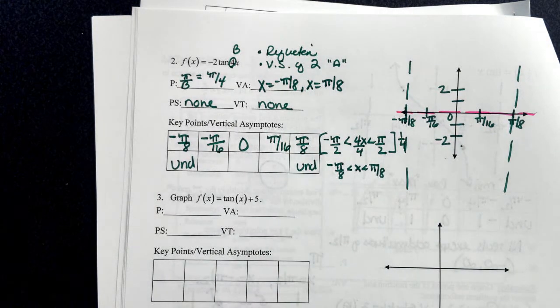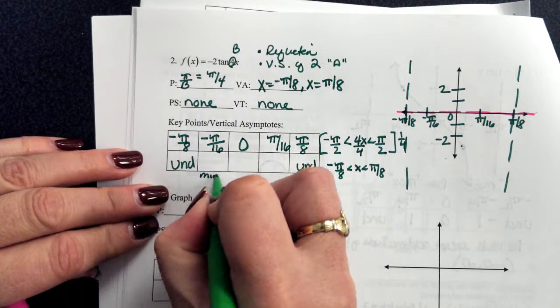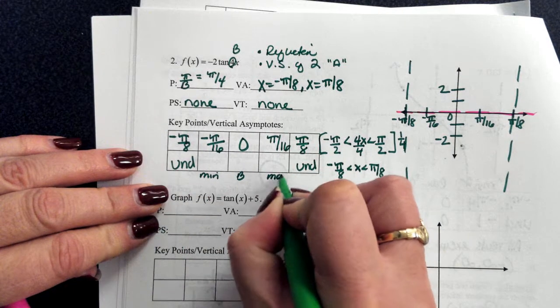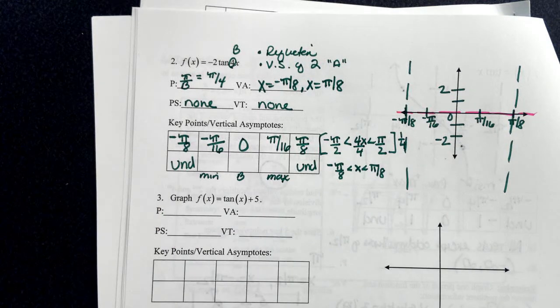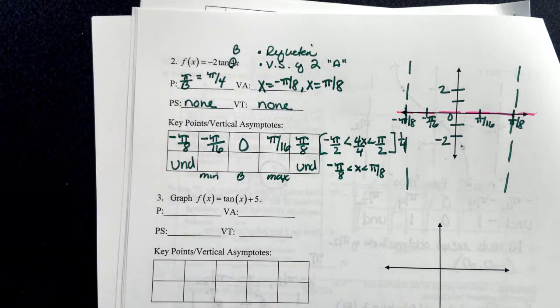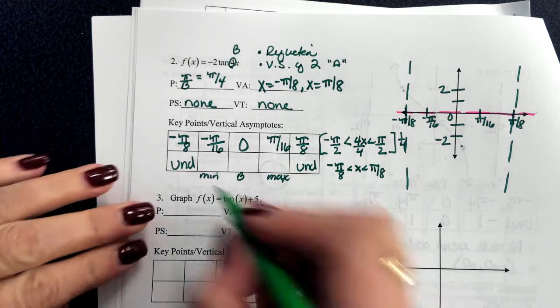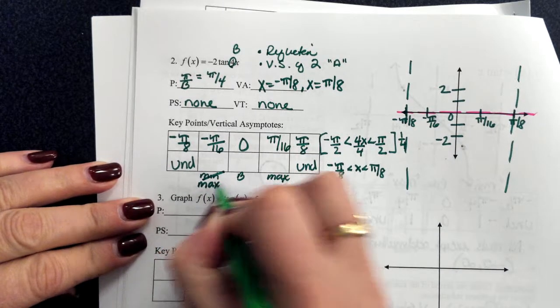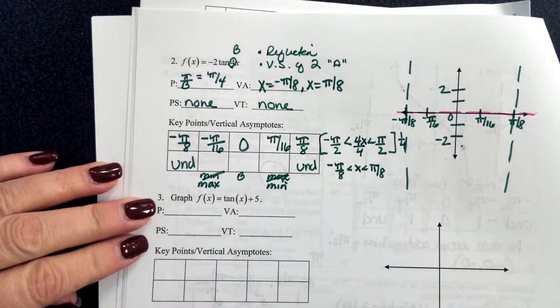Now remember, with the parent function, the pattern of the points went min, base, max. That's the pattern of the points for the parent function. But what other transformation do we have here? We have to consider the reflection. So just like for sine and cosine, if you have a reflection, what's going to happen when there's min and max values? They're going to reflect. So this is going to be a max. This will go to a min.